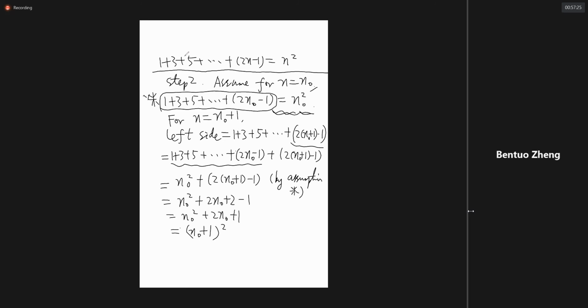And then we just use algebraic computations to reach n0 plus 1 squared. This is exactly the right side. For n equals n0 plus 1, n0 plus 1 squared is just n squared. So we're done by mathematical induction.